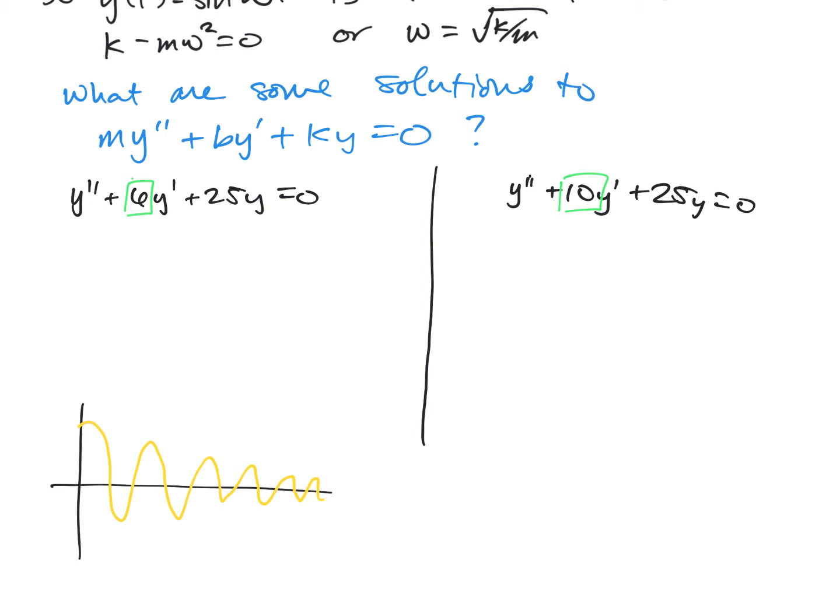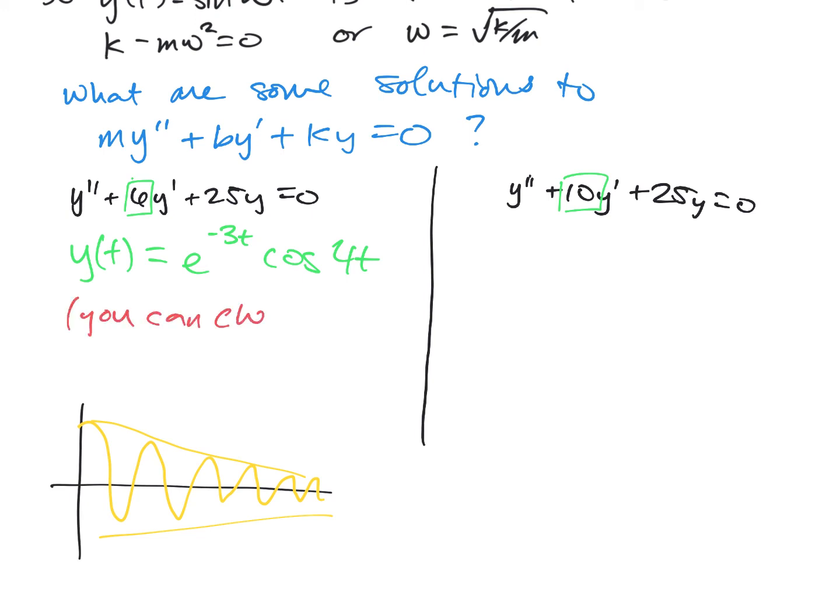And a function that can sort of damp off a sine wave ends up looking like y of t. You could use a cosine too also. And so I'm just going to give the answer, you can check, if you plug this in, take the derivatives and combine like terms and everything like that, then you get that this is a solution.